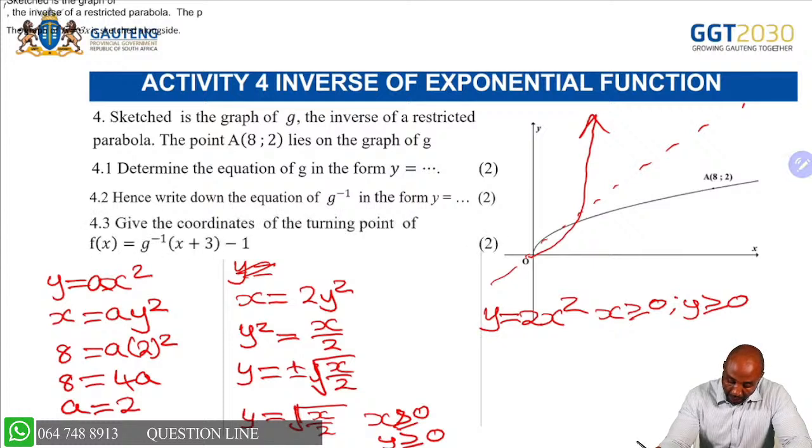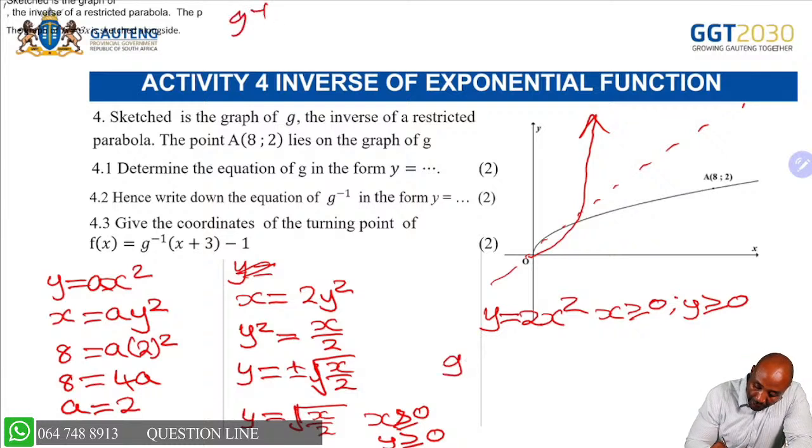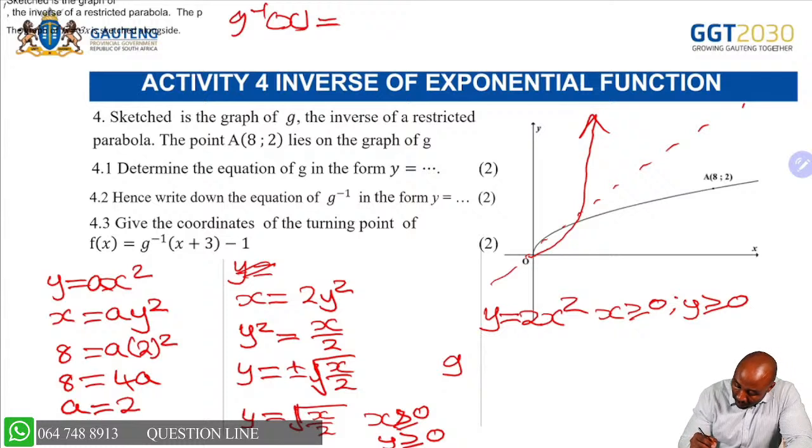to 4.3. We are supposed to give the coordinates of the turning point of f of x is equal to g inverse of x plus 3, minus 1. What will be the turning point of this function? In other words, we want to find out the coordinates of the turning point, because our g inverse of x is equal to 2x squared.